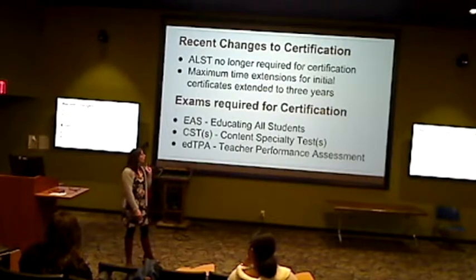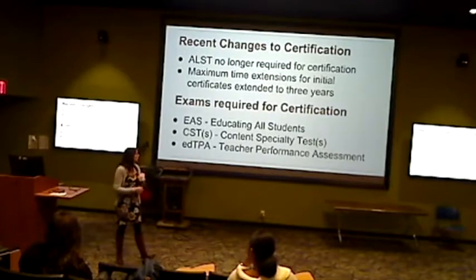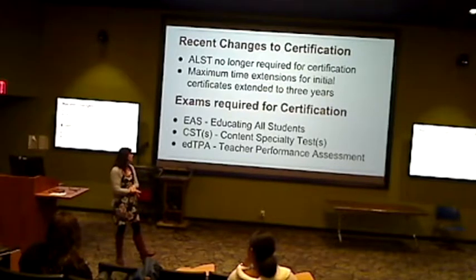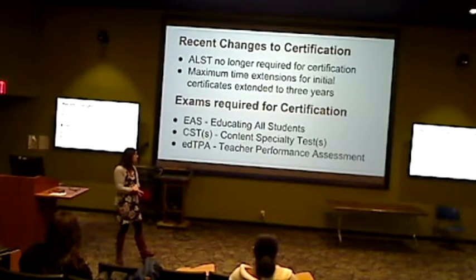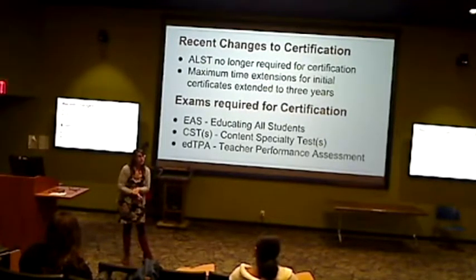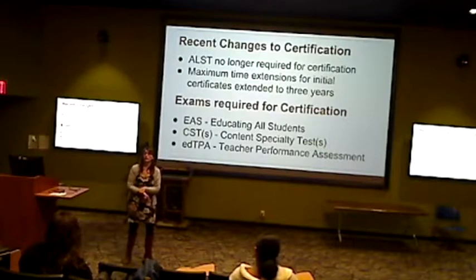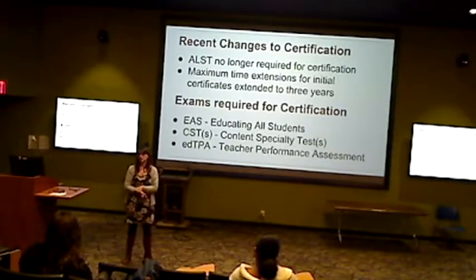And you must take and pass all required certifications for your specific certification area. So I can talk generally about the exams that are required. For initial certification, you have to take and pass the EAS, the Educating All Students exam, and the CST, the Content Specialty Test. Depending on the certification you're going for or whether or not you're enrolled in a dual certification program, you may need to take 1 or 2 CSTs.